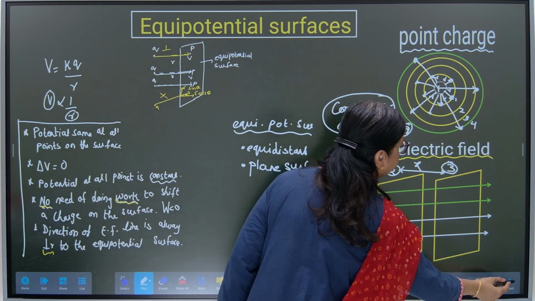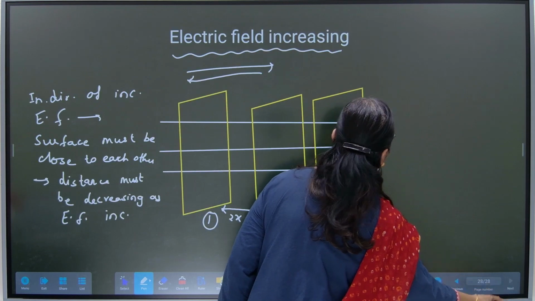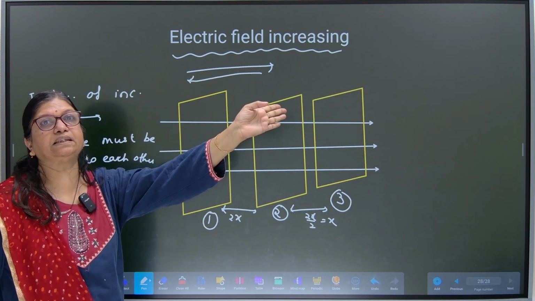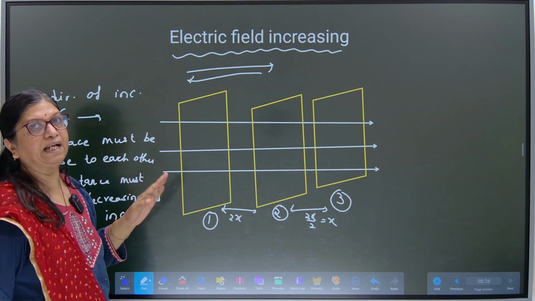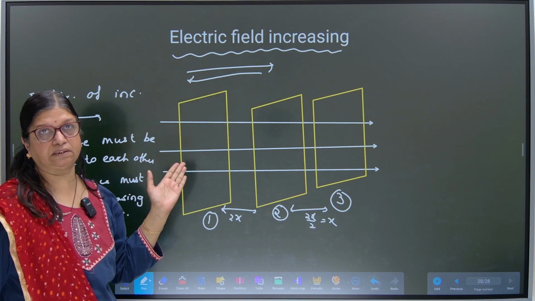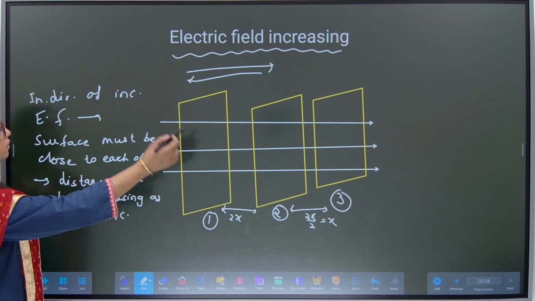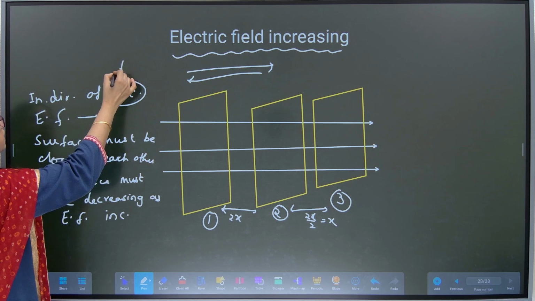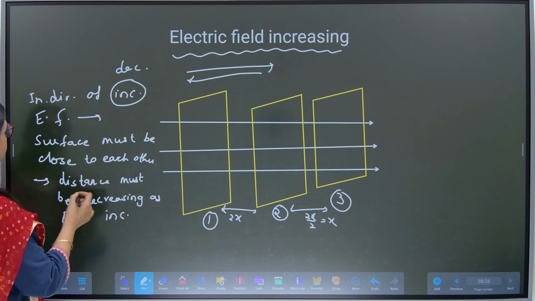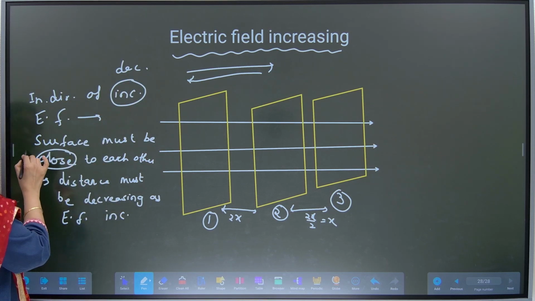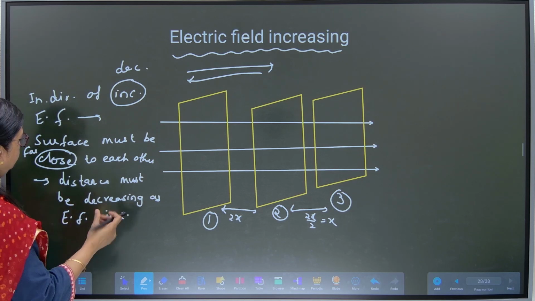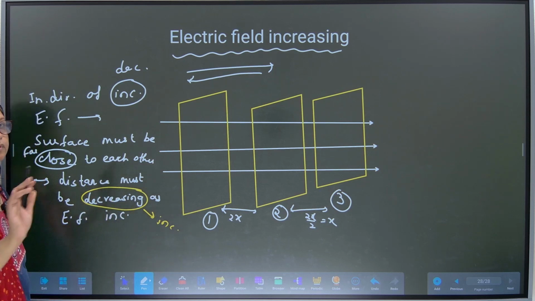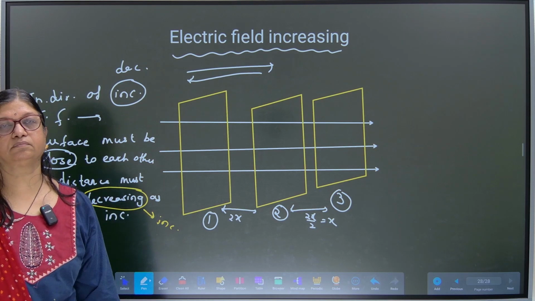And here the distance decreases as electric field increases. The distance increases as the electric field decreases. Okay? That is the distance between the equipotential surface. Now instead of this, if I write here decrease, then far, here I must write increase. Just the opposite. Fine? Okay?